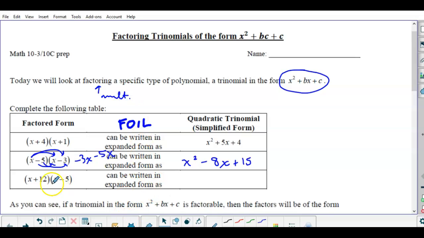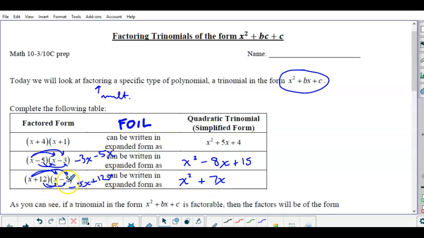Okay. Next one, firsts together is x squared. The outside together is negative 5x. Inside is 12x. And the last terms together, negative, so let's collect those like terms. Negative 5x plus 12x is 7x.